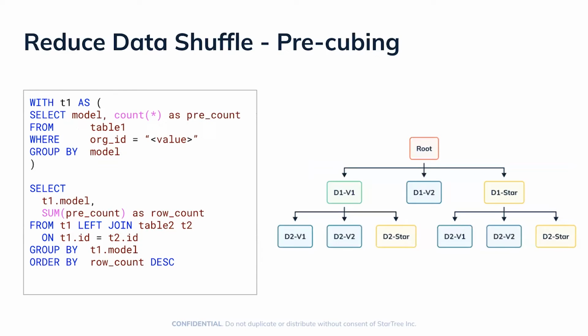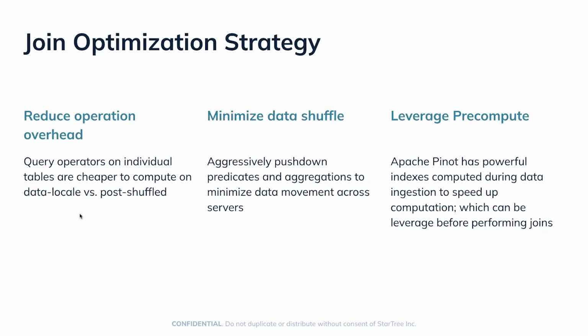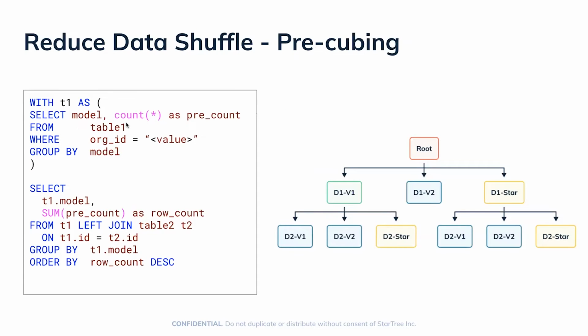Another example is reducing the data shuffling. We can leverage the StarTree index, which is basically a pre-cubing, in order to speed up the count star. What we're doing here is, because the join is happening against the ID column, and we are trying to do the count star of the rows on the T1.model column, that means we can compute the number of rows prior to the join, grouping by the ID and model. In this case it should be ID and model.